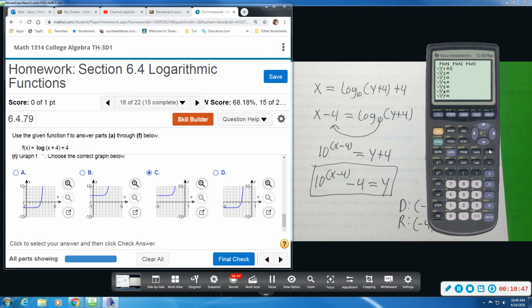We'll say 10 raised to the x minus 4 power, and then close, and then minus 4. And then their window is going from negative 9 to positive 9, so let me just go Zoom 6 to get the standard viewing window.